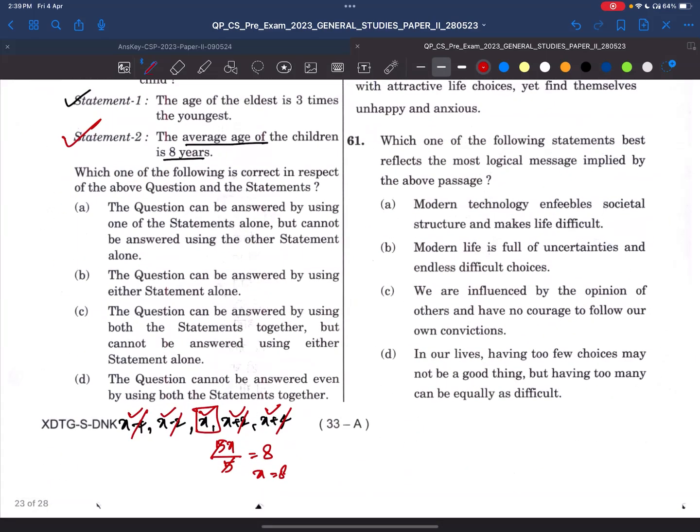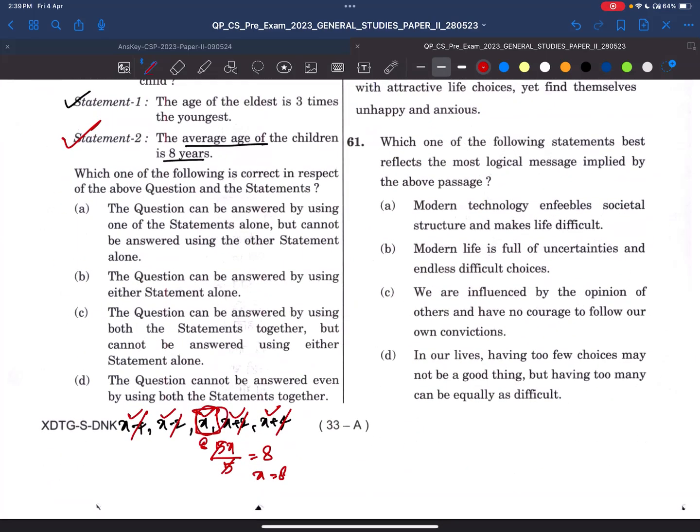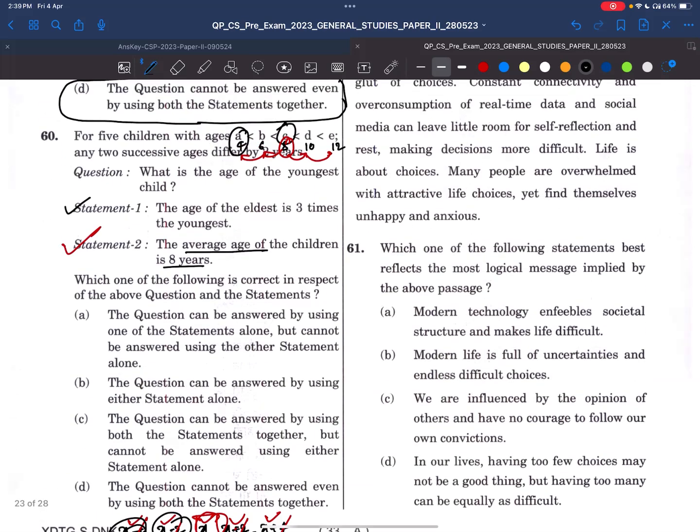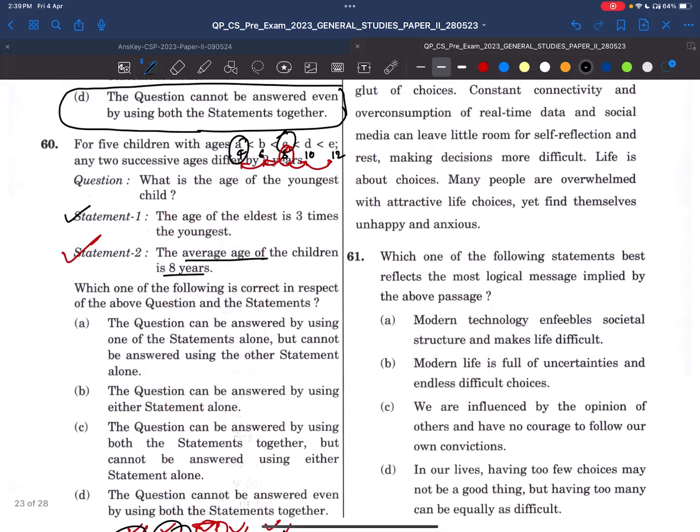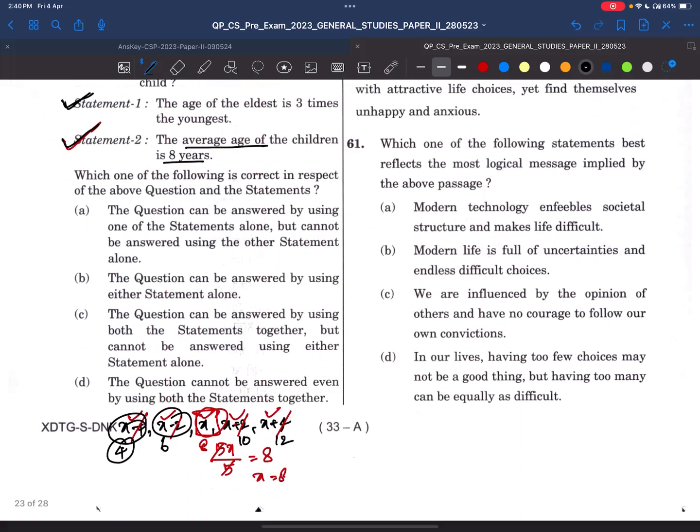If the middle is 8, X plus 2 will be 10, X plus 4 will be 12, X minus 2 is 6, and X minus 4, the youngest person's value, is 8 minus 4, which is 4. From here also, we can determine the age of the youngest child. That means by using statement 1 and statement 2, we can tell the age of the person.